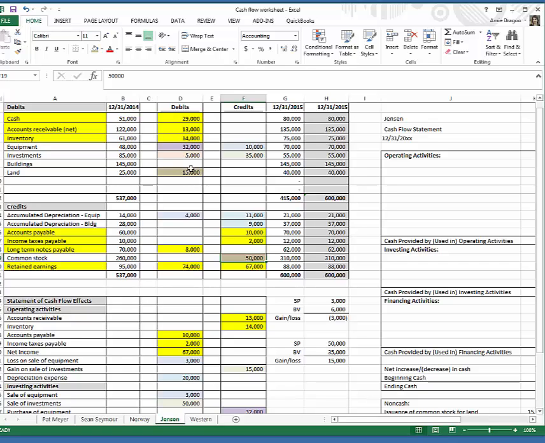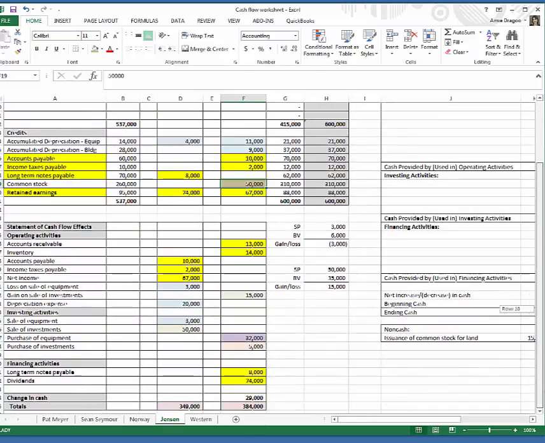So the land, we didn't receive any cash for the land. We received 15 in stock. So the 15 is going to offset 15 out of this common stock piece. So really the only cash that we received is the difference. 50,000 minus the land would be 35,000 in cash.